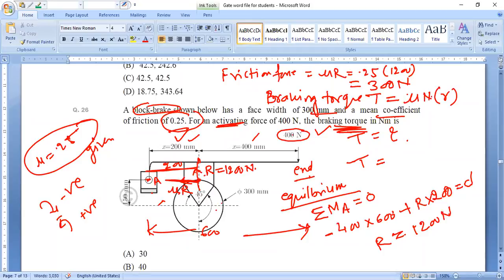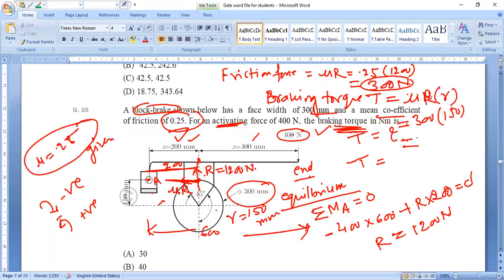The diameter of the pulley is given as 300, so the radius of the pulley is 150, 300 by 2, 150 mm. So mu R is 300 and small r is 150.